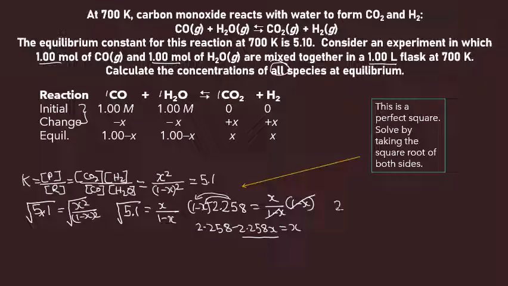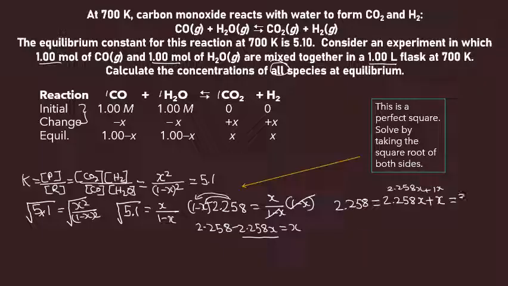And now let us take the x terms on one side. So that will be 2.258 equals 2.258x. The negative 2.258x from the left side will change to positive on the right side, and we already have an x on that side. So this is 1x and this is 2.258x.